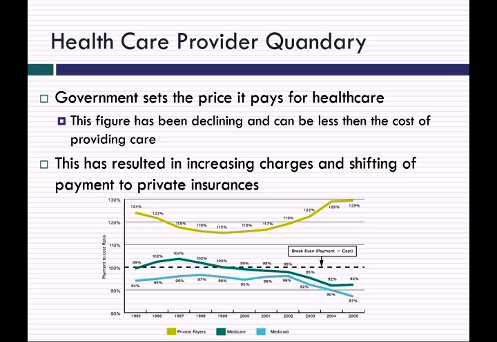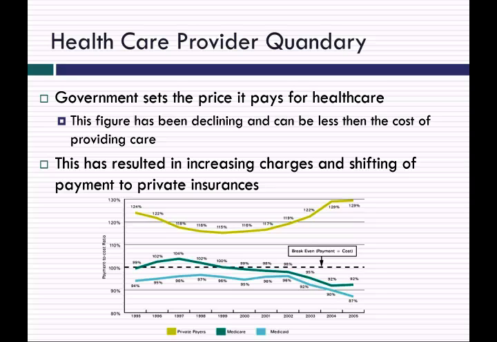A good example of this is the fee schedule for Medicare. Medicare, which is a governmental entity, says, I will pay this amount for this service. I don't care how much it costs to provide it. This is how much you'll be reimbursed for providing that service.